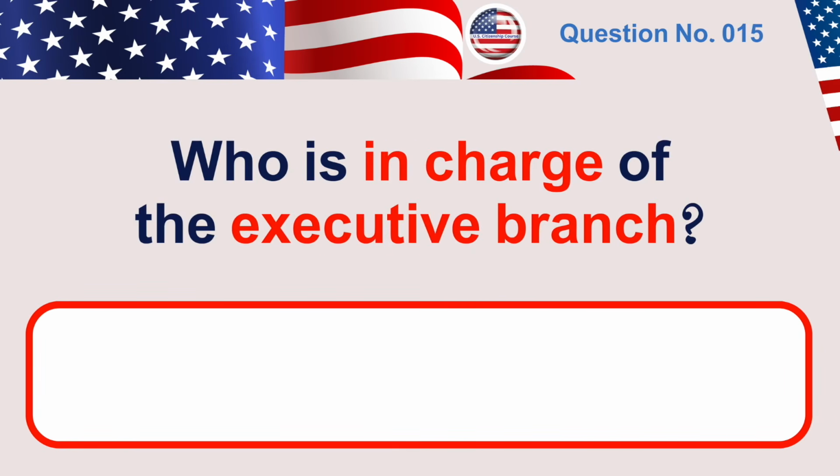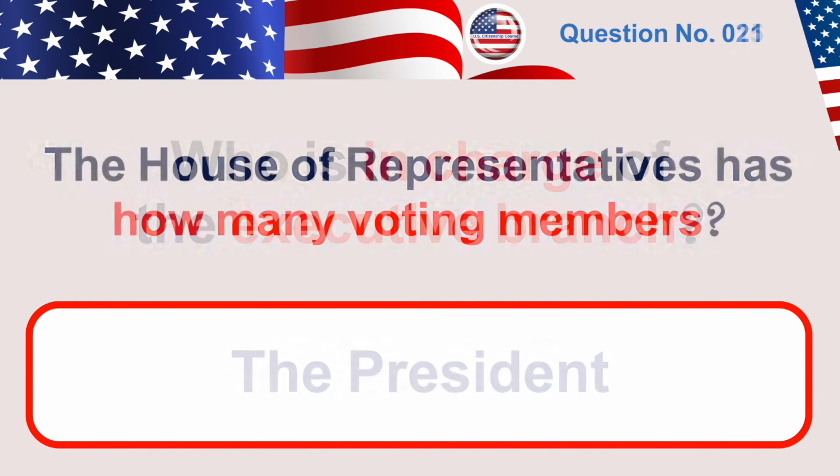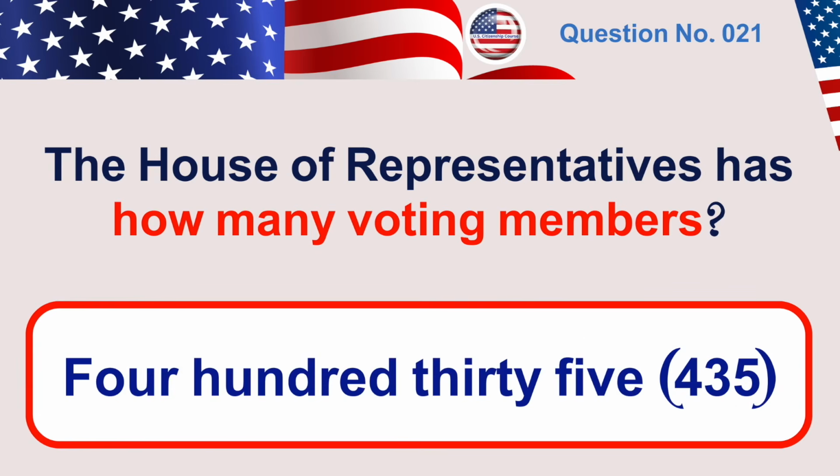Who is in charge of the executive branch? The President. The House of Representatives has how many voting members? 435.